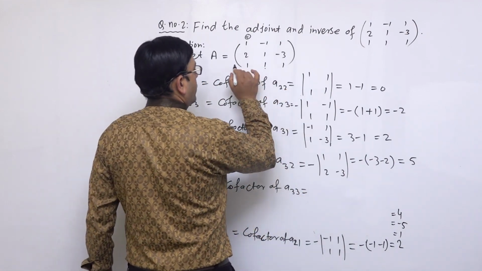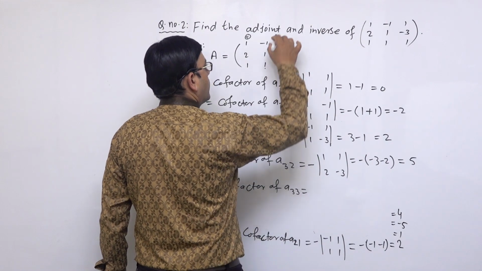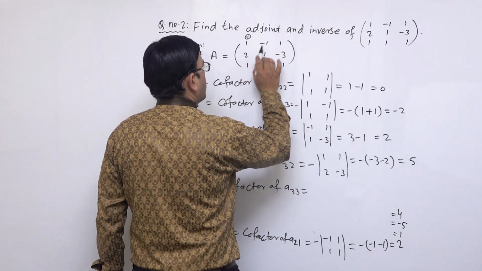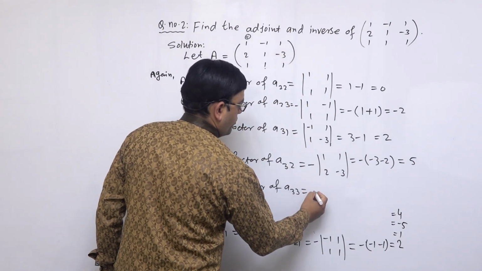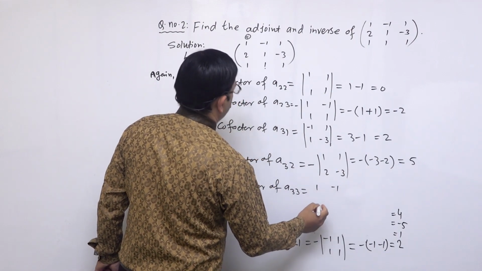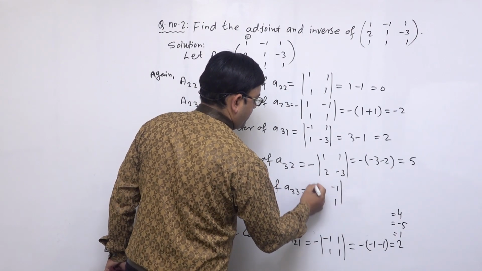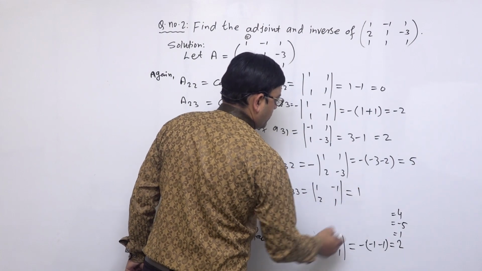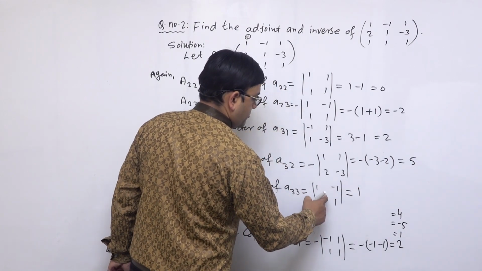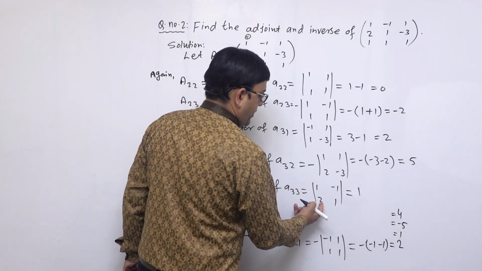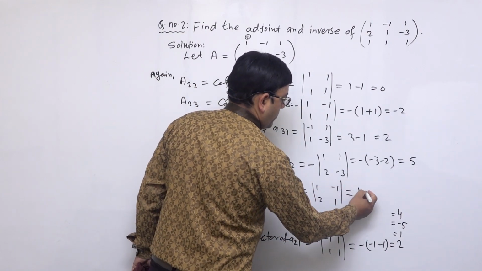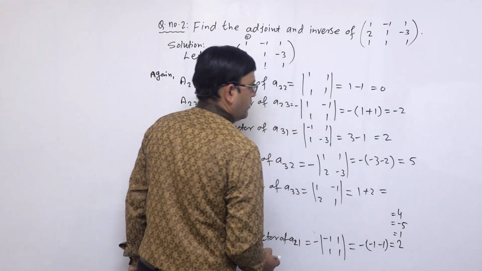Then we omit this row and this column, leaving 1 minus 1, 2 1. After calculating, 1 times 1 is 1, and minus 2 times minus 1 is plus 2, so this is equal to 3.